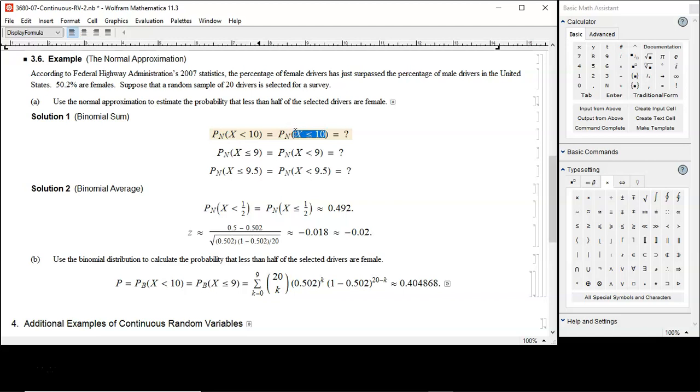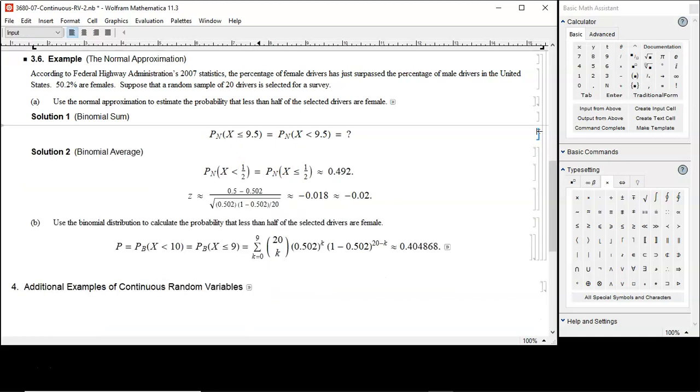Oh wait, that's not right. If you compare this versus this, it looks okay, but that's equal to less than 9. That's not right either. But if you go to somewhere in between, 9.5, now less than 9.5 or less than or equal to 9.5, in terms of continuous random variable, they make no difference, but they both fit this and also that. So that's where we're going to go. And that's something we could not do for binomial average. For binomial sum, yes, we can do.